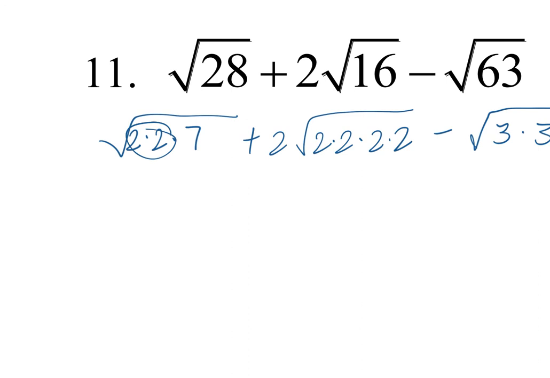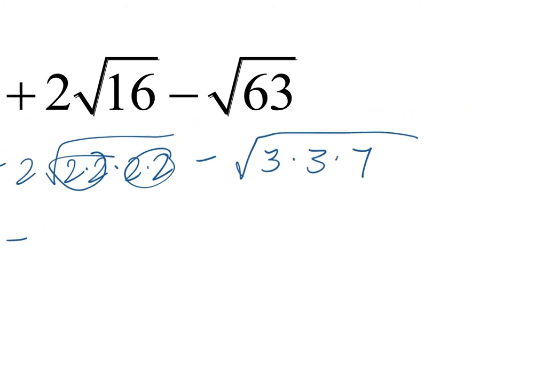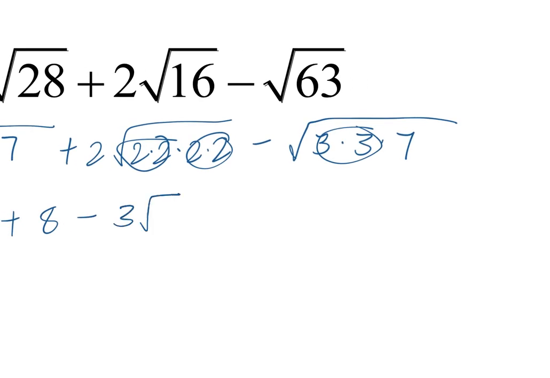So right here, 2 can come out front, so you got 2 square roots of 7. Right here, 2 can come out front, and another 2 can come out front. Nothing would stay inside. And 2 times 2 times 2 is 8. On the end, a 3 can come out front, and a square root of 7 remains.